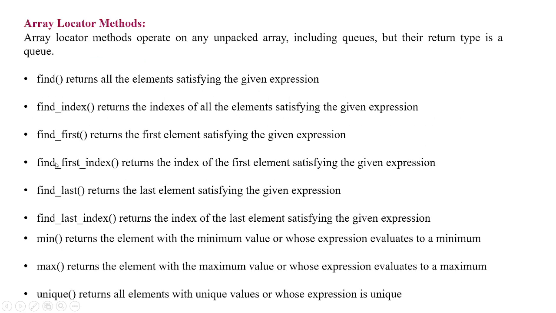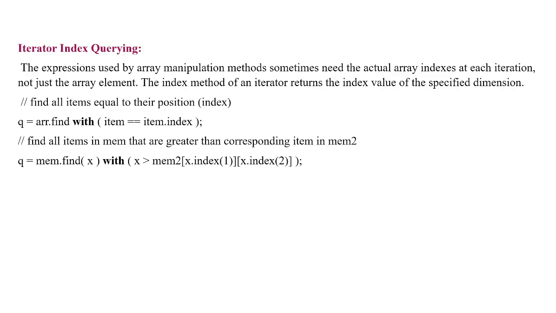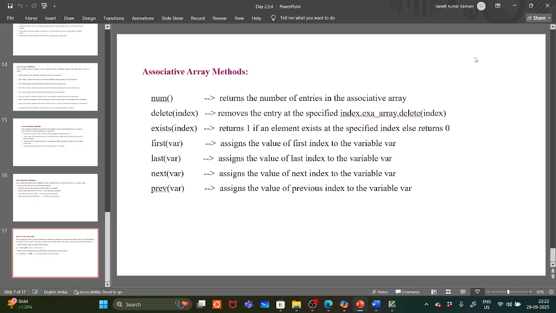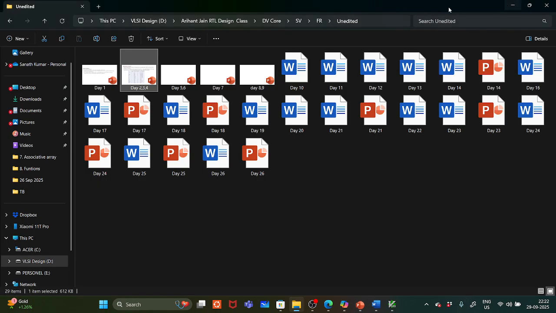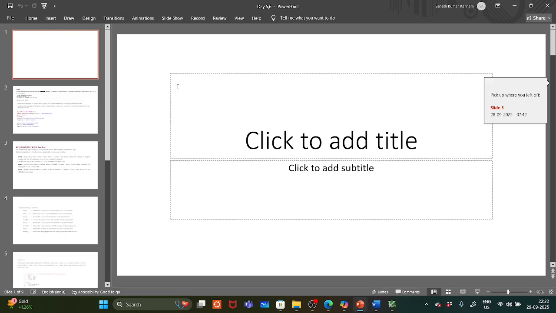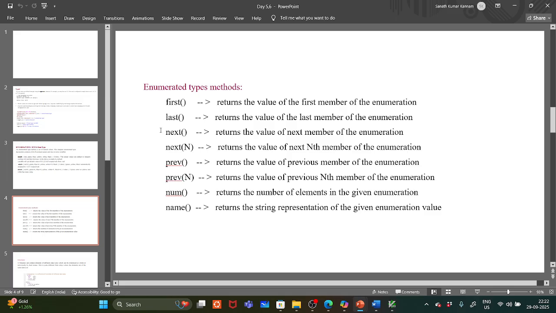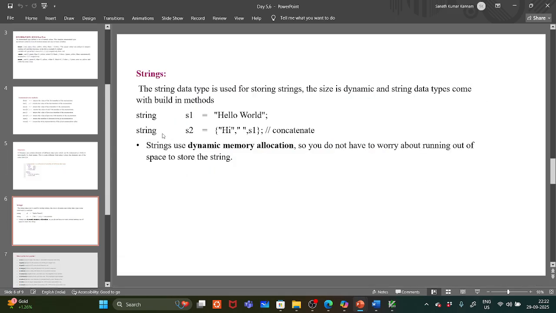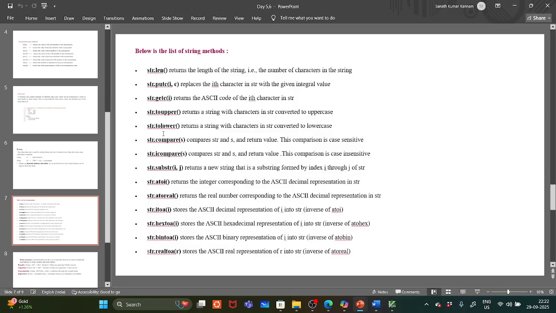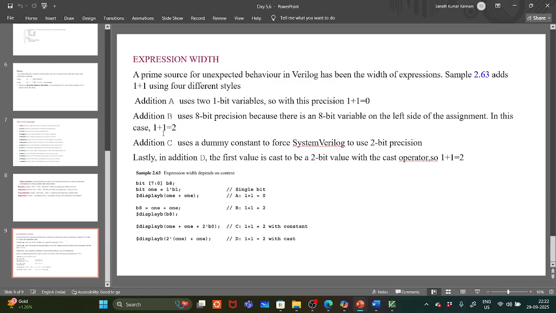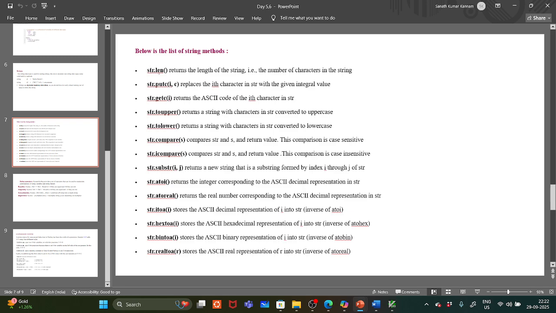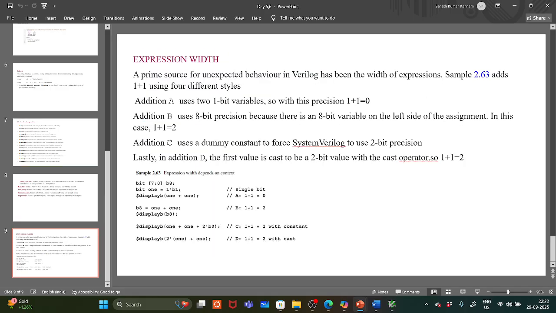Array methods, once again, this is about this. Next, typedef. Enum data type we already saw, structures also seen, strings also seen. These are the built-in functions: string length, putc, getc, compare.